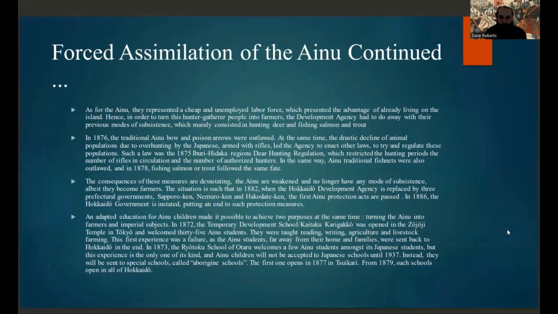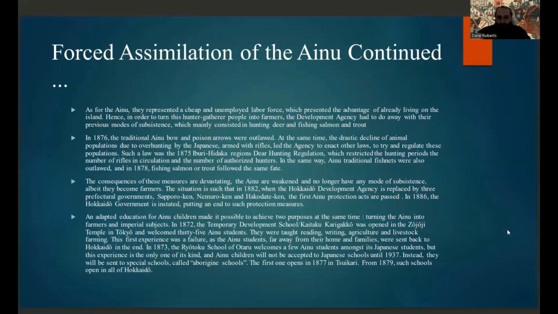But more schools were made in Hokkaido, welcoming several Ainu students along with Japanese students. But this experience is the only one of its kind, and Ainu children will not be accepted into most Japanese schools until 1973.